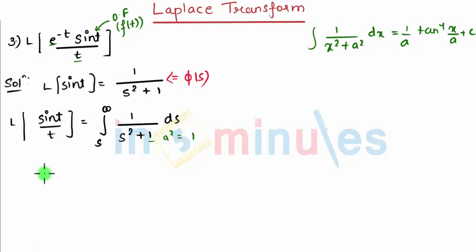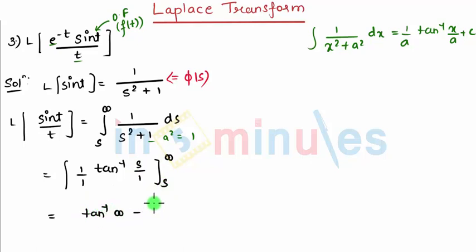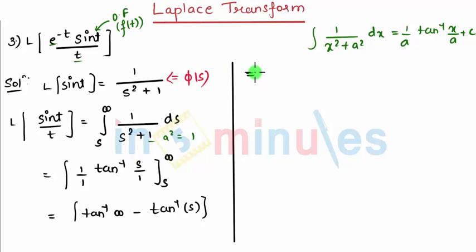So I can say 1 divided by 1 tan inverse of s by 1, where your limits are s to infinity. When you put infinity, it comes tan inverse infinity, minus, put s, it comes tan inverse s. Finally tan inverse infinity is pi by 2 minus tan inverse s as it is, which I can write as cot inverse s.